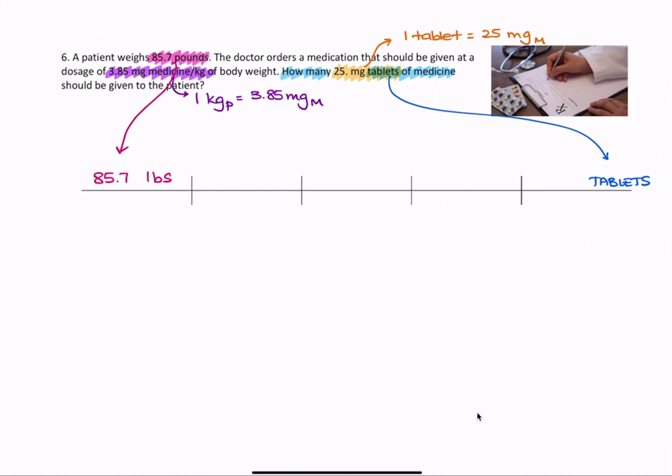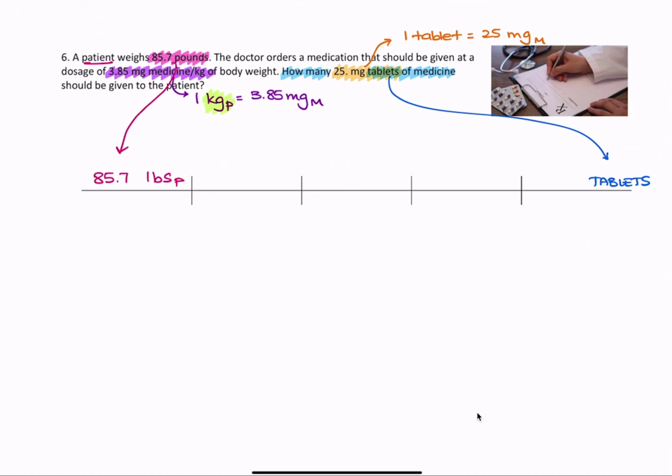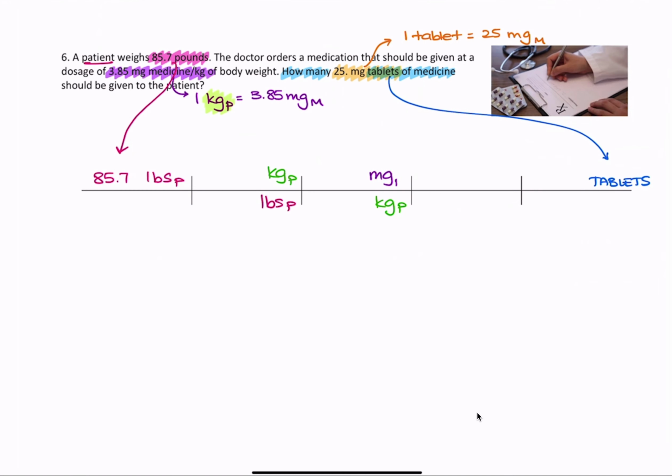Now, I have pounds of patient, okay, because that's my patient weight. But I see here kilogram of patient. So my first idea is, I have to go from pounds of patient to kilogram of patient. Once I have my kilogram of patient, then I know that I can easily go from my kilogram of patient to milligram of medicine, because I have here a relationship that allows me to build this conversion factor.